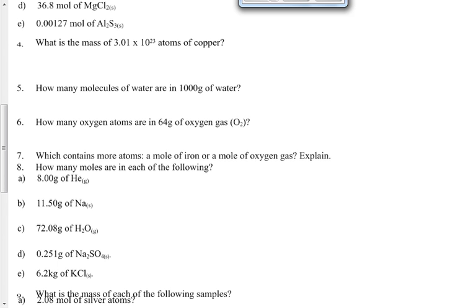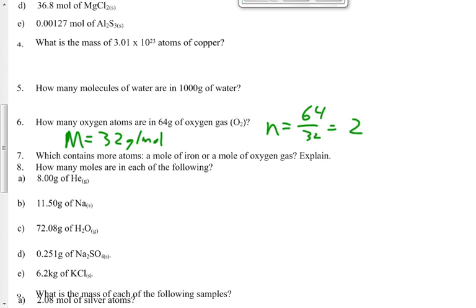Okay, so what we're looking for here is we first have to find the molar mass of oxygen gas, which is 32, right? Oxygen is 16. Oxygen gas, which has 2 oxygen atoms, is 32 grams per mole. We know the mass, so we can find the number of moles. The number of moles is 64 over 32, which is 2.